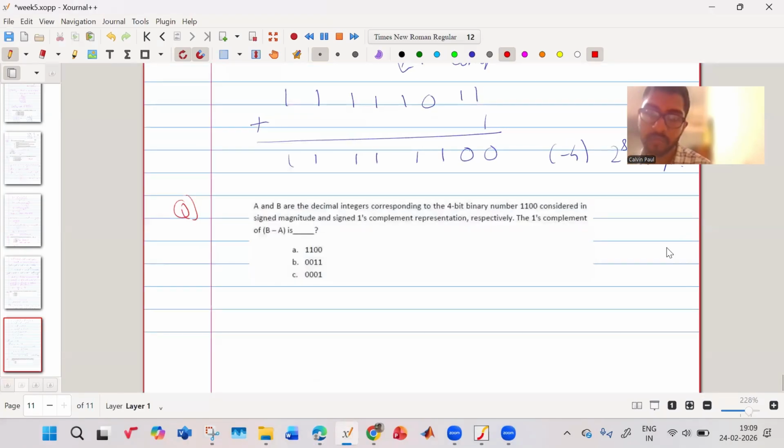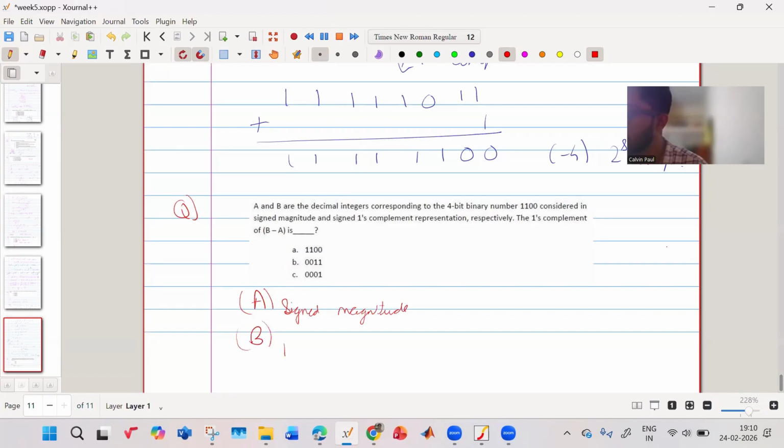So you have A in signed magnitude and B in one's complement form. And what is the number? That is 1, 1, 0, 0. And this is again 1, 1, 0, 0.